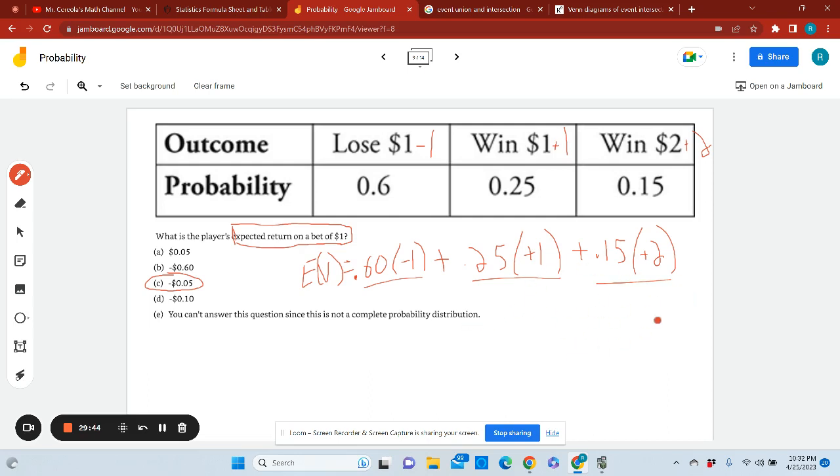But if you were to play this game over and over again, you're going to lose $1 the majority of the time. So these smaller chances of winning $1 or $2 aren't going to be enough to overcome that. In the long run, you can expect to be down about 5 cents on average over many, many plays per turn.